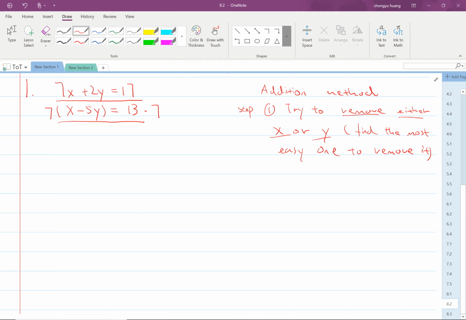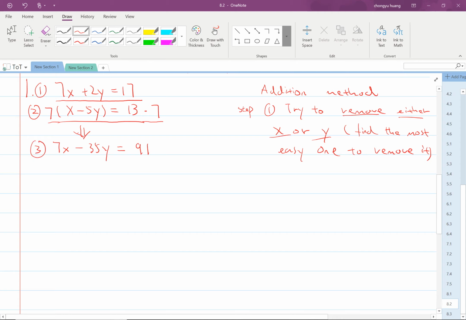Let me show you. We have equation 1 and equation 2. Multiplying by 7 on both sides, the new equation is 7x minus 35y equals 13 times 7, which is 91. We call this equation 3.